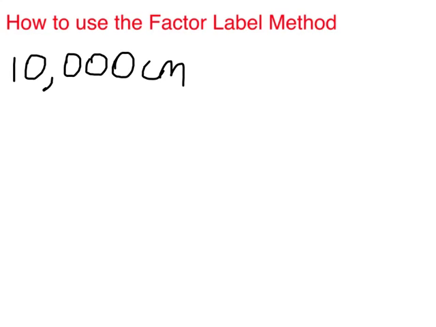So here's what you need to do. You always start off with the factor label method with a conversion factor, or a ratio, or if you prefer, a relationship between the units that you have and the units that you're trying to find.